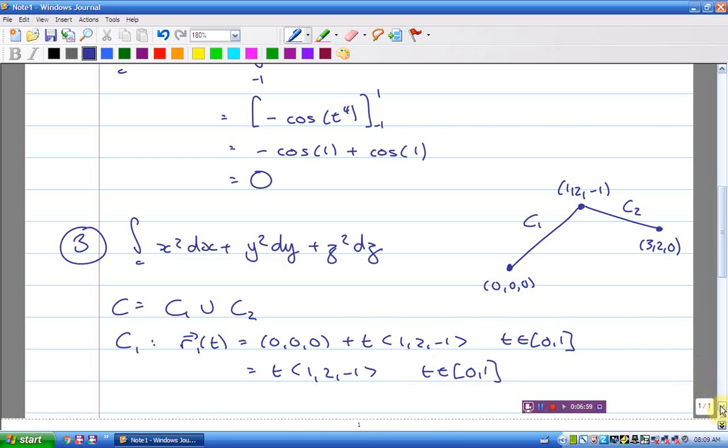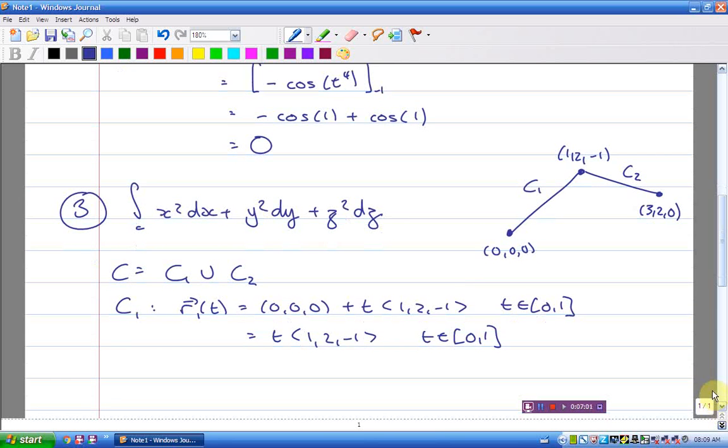Okay, C1 is the slightly easier one because we're going from the origin. C2 is going to be the beginning point, (1, 2, -1), plus t times the end point minus the beginning point. So (3 minus 1, 2 minus 2, 0 subtract negative 1).